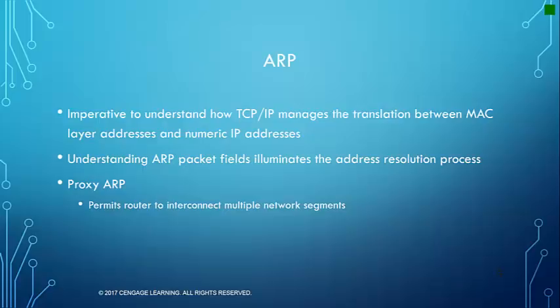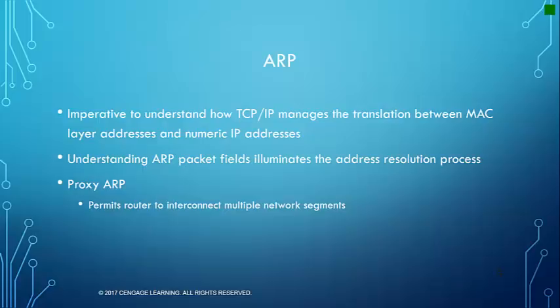A more advanced mechanism called proxy ARP permits a router to interconnect multiple network segments and make them behave like a single network segment. Because this means that hardware addresses are required for all segments that act like a single network segment, proxy ARP's job is to forward ARP requests from one actual network segment to another when required and enable hardware address resolution, and then deliver corresponding replies to the original senders.